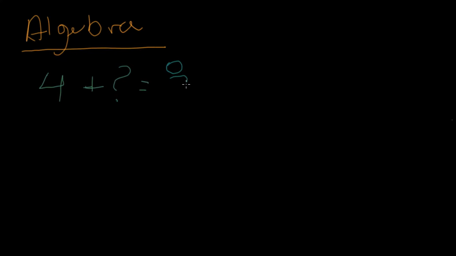And we want to figure out what this number is exactly. How do we know what number it's going to be? Well, if we use our critical thinking skills, we know that this number is going to be a 4. 4 plus 4 is going to give you 8.